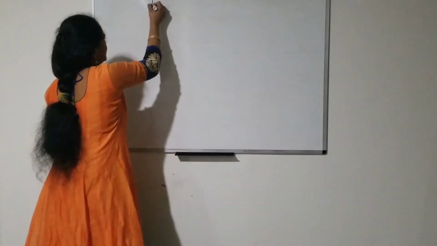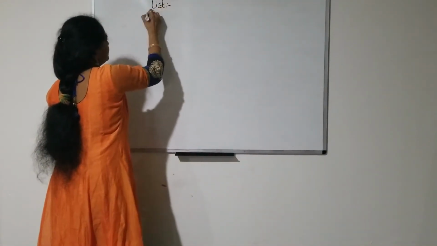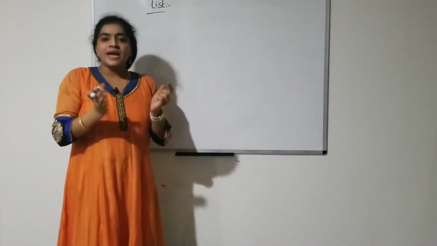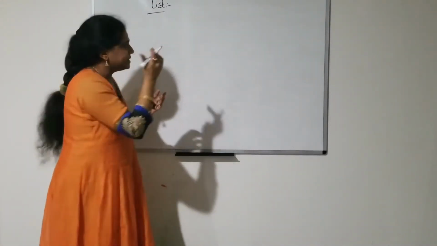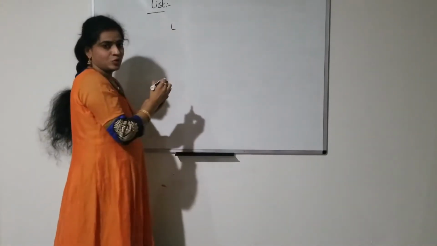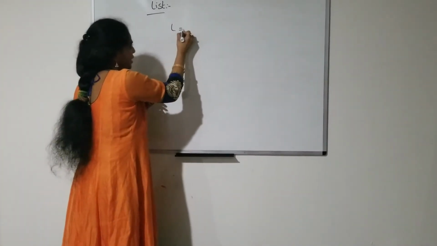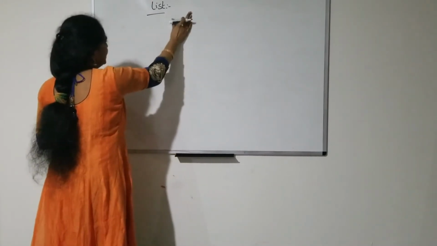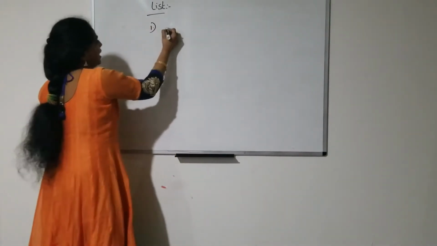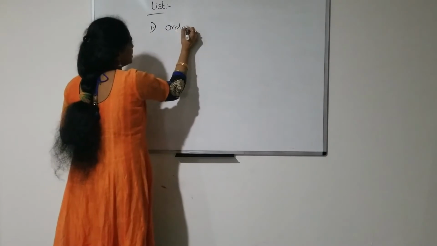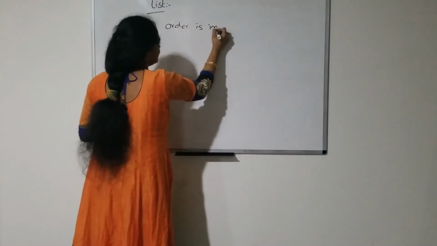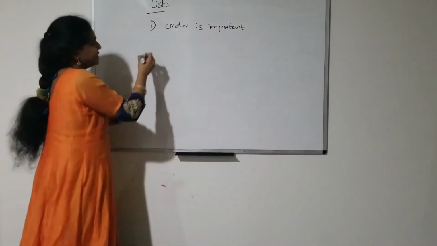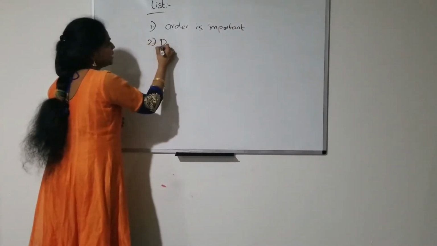Coming to the list data type. What is meant by a list data type? A collection of objects as a single entity in which, first, order is important, and second, duplicates are allowed.